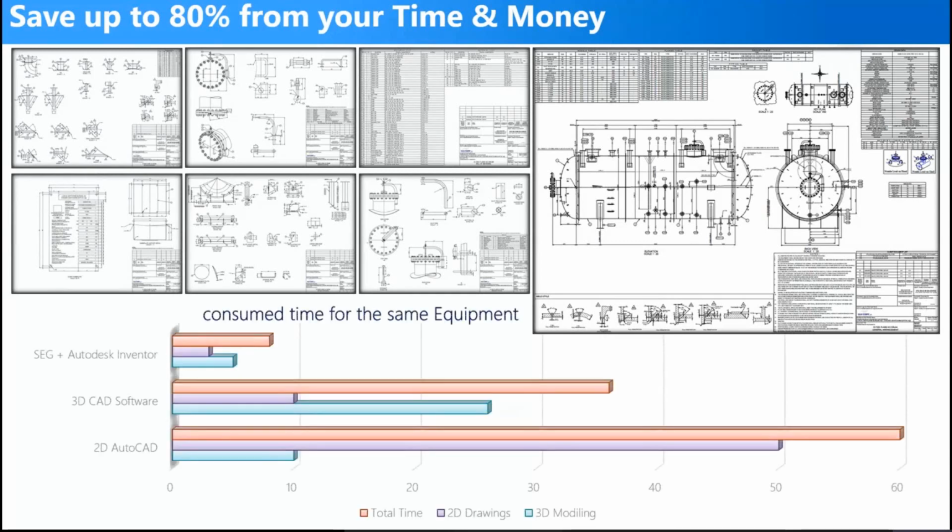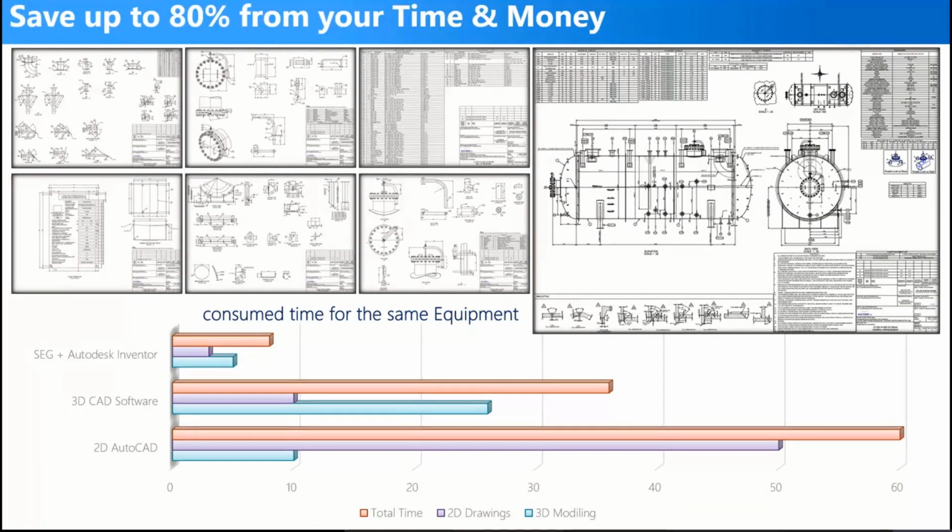The first one is the traditional method by using the 2D CAD software, and we create those drawings in 50 hours to generate the general arrangement drawing with all tables, notes, design data, welding details. The same for bill of material, manway detail, nozzle detail, nameplate, saddle, and the other details for this equipment.